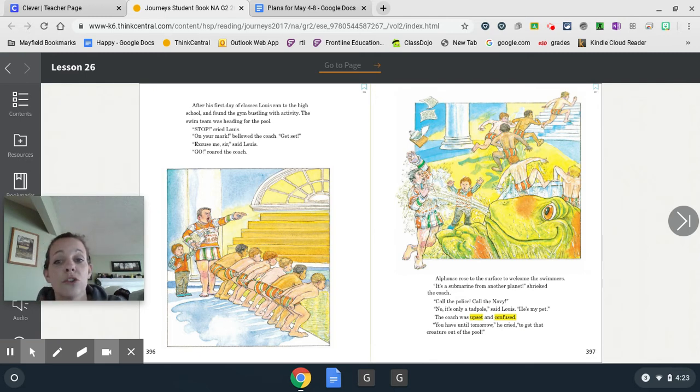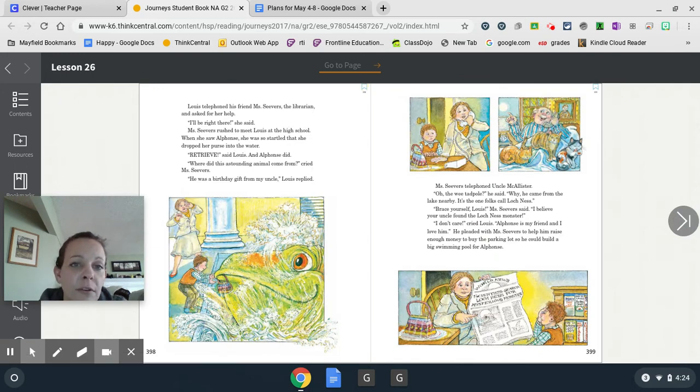Alphonse rose to the surface to welcome the swimmers. "It's a submarine from another planet," shrieked the coach. "Call the police! Call the Navy!" "No, it's only my tadpole," said Lewis. "He's my pet." The coach was upset and confused. "You have until tomorrow," he cried, "to get that creature out of the pool."